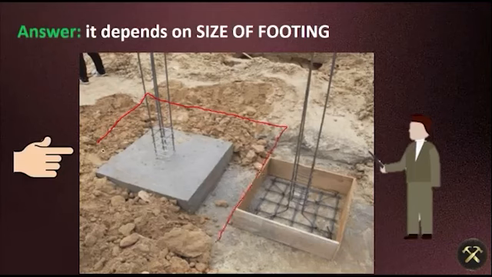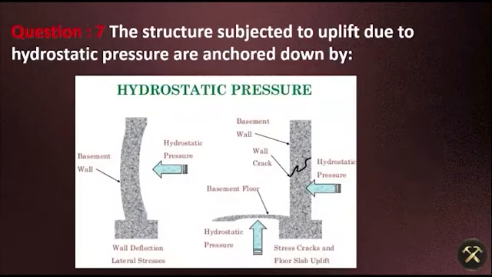When the designer designs it and knows the existing bearing of the soil, we increase the area of the footing to spread the load over more area. So the bearing of the soil normally depends on the size of the footing. If bearing is less, the footing area will increase. Now let's move on to the next question, question number 7.